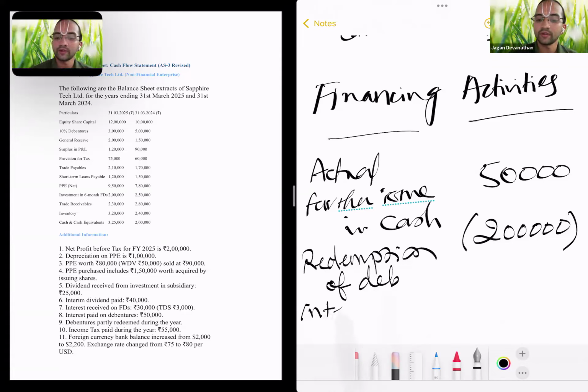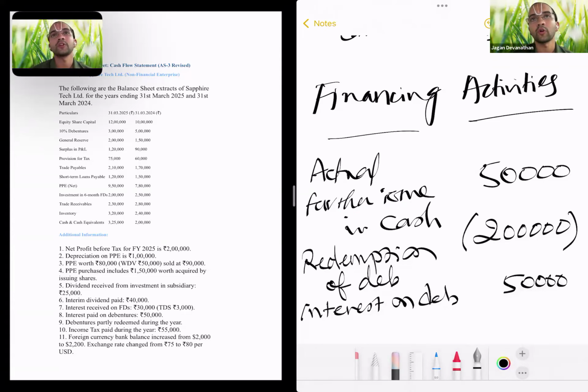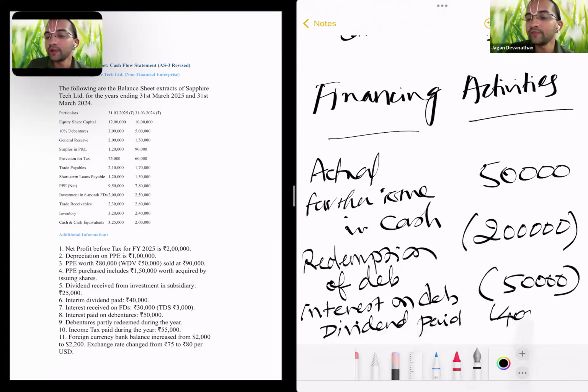Interest on debentures is a financing activity. 50,000 is also an outflow. Interim dividend paid is given in the question, the sixth adjustment, 40,000. That is also an outflow. Usually, financing activities will have a lot of outflows, except for further issue of shares or debentures. So they should be noted.